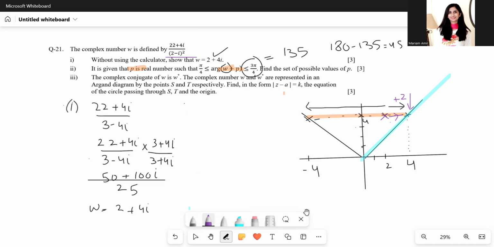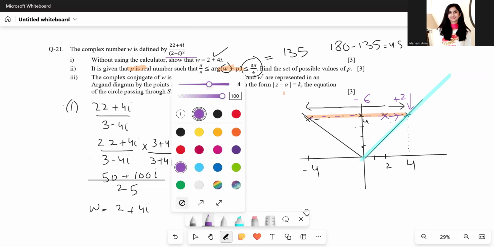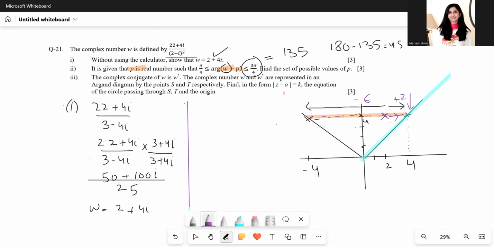So you can subtract 6 units from it and it will still lie on the orange line. If you subtract any more than 6 units, then it's going to fall out of the line. So that means P lies between -6 less than or equal to P less than or equal to 2. That's it. This is your working and this is your final answer.